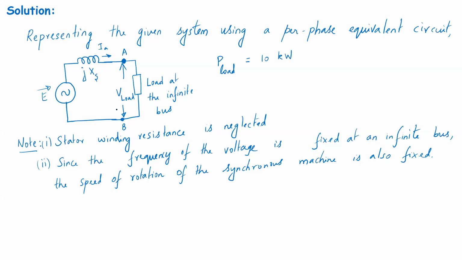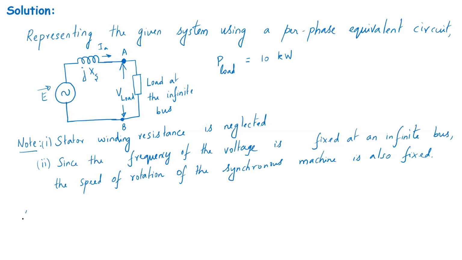It is also mentioned that the power factor, which is nothing but the cosine of the angle between the load voltage and the load current per phase, is given as 0.83 lagging. Now, since this is a series circuit, the load current is the same as the armature current.